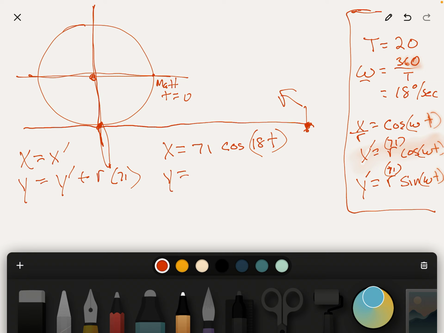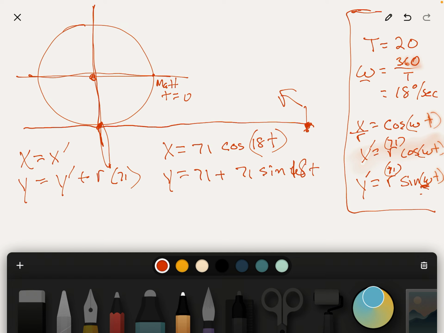And y equals 71 plus y prime, which is 71 times sine of omega t, or excuse me, 18t.